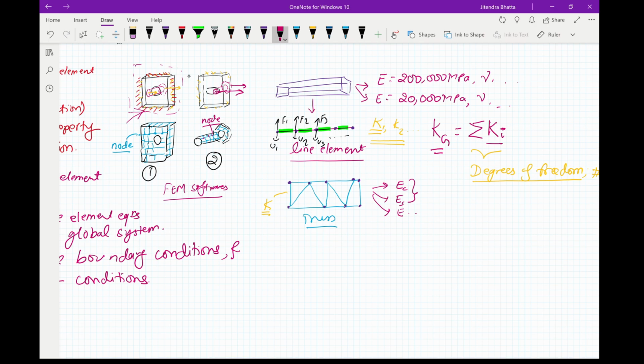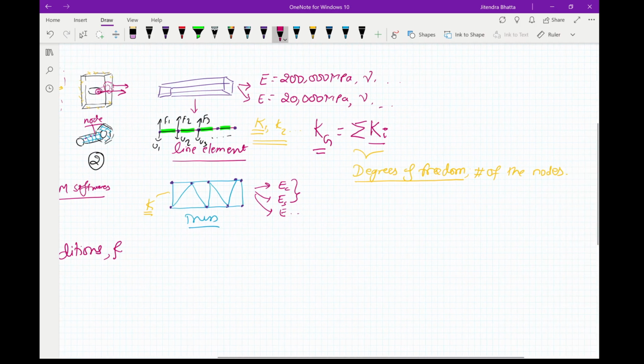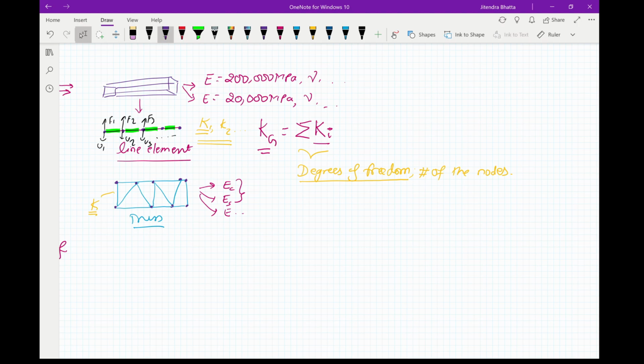There are other boundary conditions here, but I'm not going to go into detail with this one. However, if you look into a simple beam, then the boundary conditions may be something like hinged here and roller here, like this, and the loading condition may be a UDL and maybe a point load here.